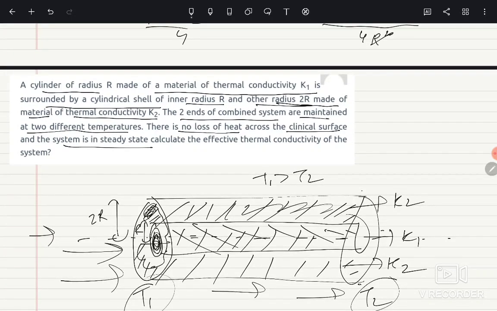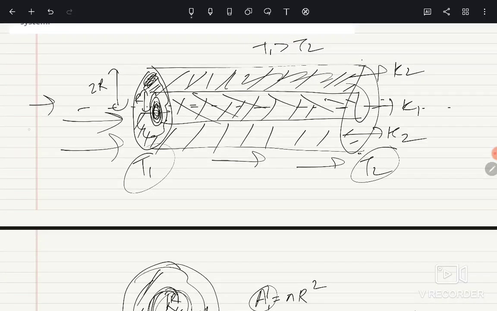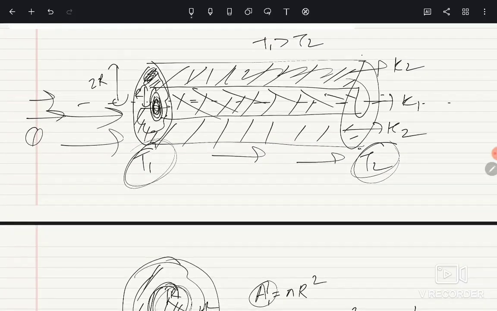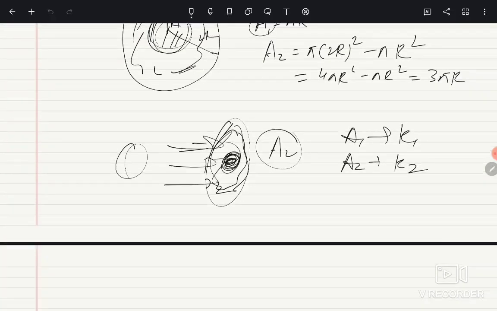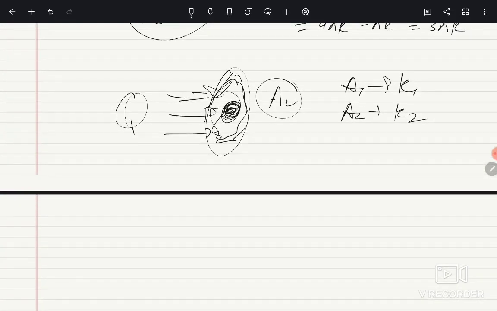So the rate of heat flow is constant. That is the meaning of steady state. We have to calculate the effective thermal conductivity when the heat is flowing like this, because the two ends have different temperatures and the curved surface is not losing any heat. K1 conductivity is taken by the A1 area and K2 conductivity is taken by the A2 area.